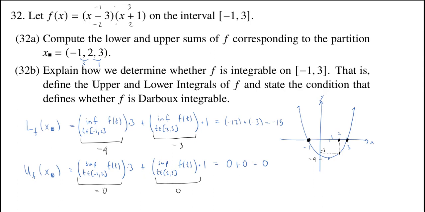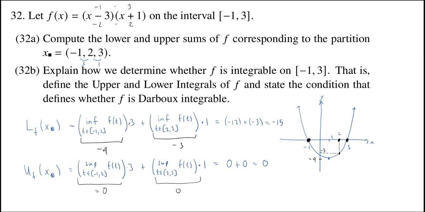Now, looking ahead, we want our upper and lower integrals to equal each other, and those are defined in terms of the upper and lower sums, and right now these seem pretty far apart. Does that mean the function isn't integrable? Probably not, right? This is a continuous function. We know all continuous functions are integrable.